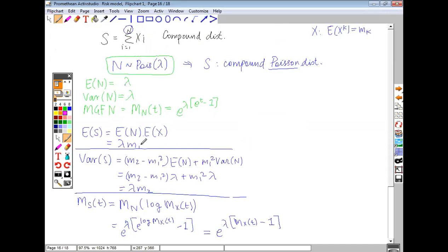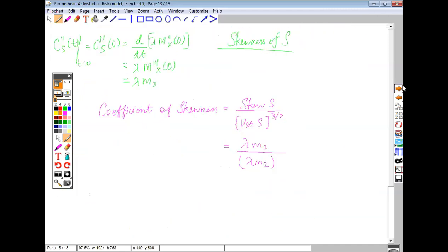It was lambda times m1. What was my variance for S? Lambda times m2. What was my skewness for S? Lambda times m3. So this is a very nice property, and this is one of the reasons why I really like Poisson distribution, because it's just pretty nice and cool. All right, so this is just 3 by 2.